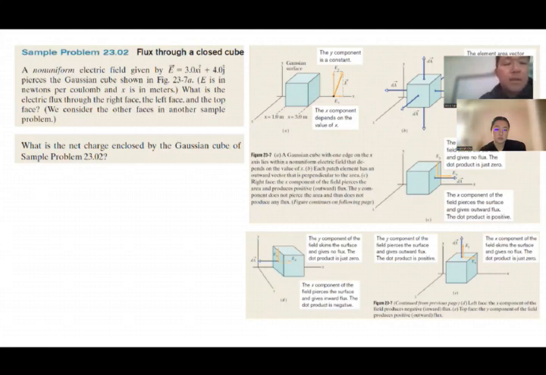So we first estimate the electric field integrated over the surface area of each face of the cube.